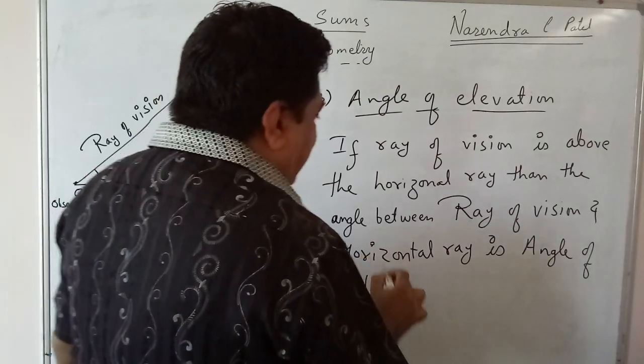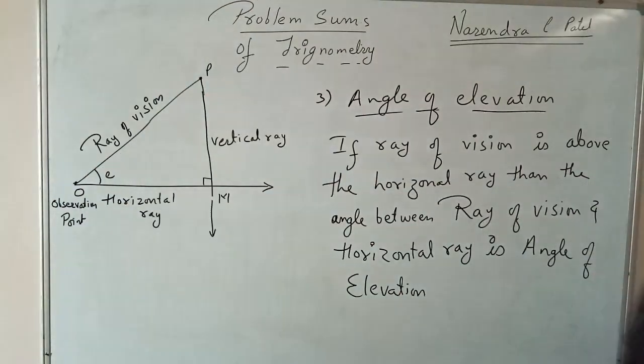Understood? The angle between the ray of vision and the horizontal ray is called the angle of elevation.